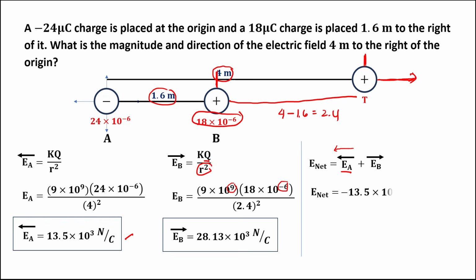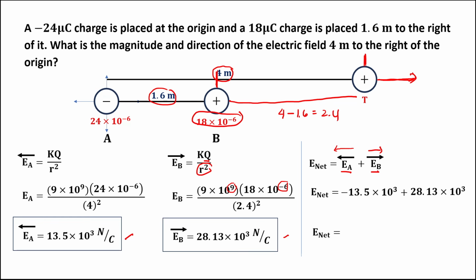So we have negative 13.5 times 10 to the power positive 3, then plus the electric field for B, since it is to the right, this one is positive, 28.13 times 10 to the power 3.